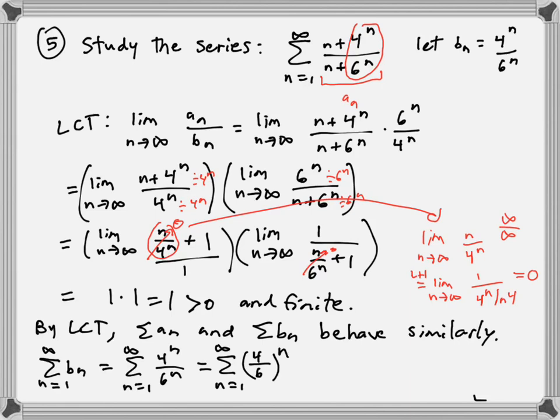What kind of series is this? This is a geometric series. The first term, if you plug in n equals 1, is 4 over 6. And the ratio is 4/6, and that's less than 1. So what can we say? This means that it converges.